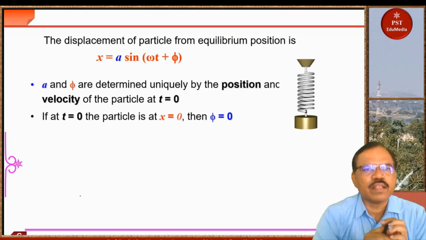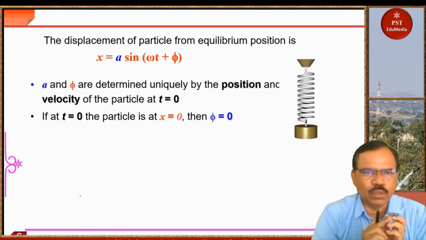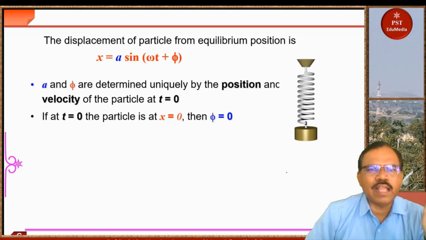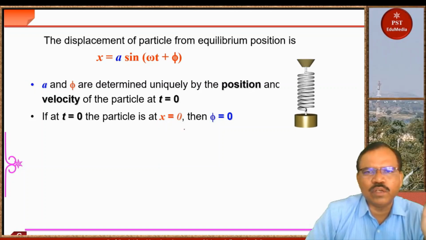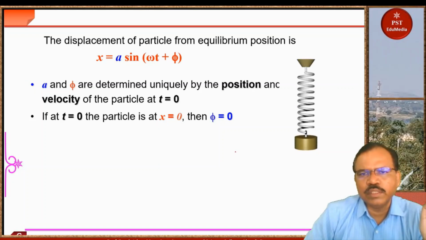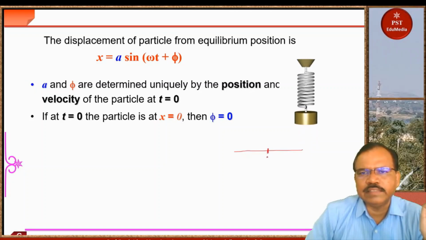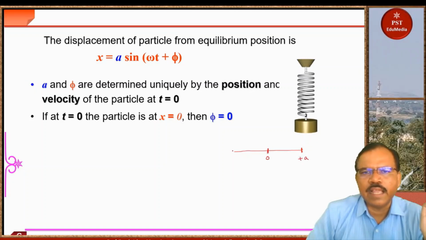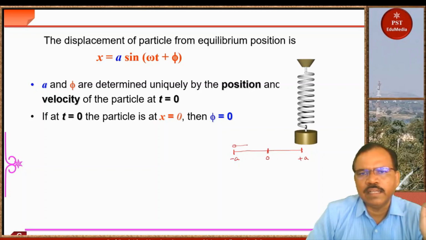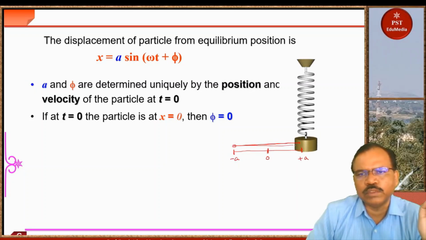Now here, if t is equal to 0 and the particle is at x is equal to 0, what is the meaning of this? Suppose the particle is moving along the x-axis. Here it is x is equal to 0, here x is equal to plus a, and here x is equal to minus a. The particle moves along this path in to and fro motion.